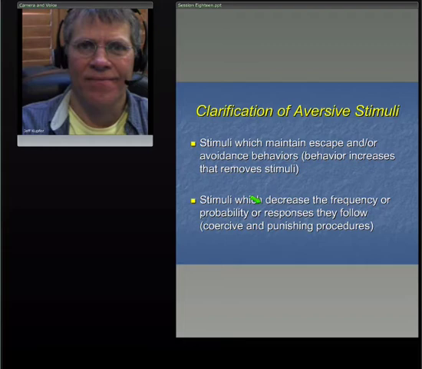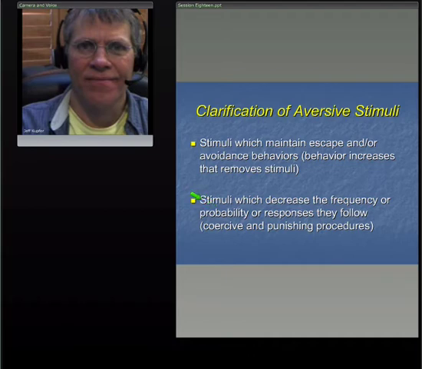Now, we could call these stimuli coercive or punishing types of procedures, but in this situation, a child may be engaged in something like reaching for a cookie jar, and the parent comes along and sees the child up there and punishes the child, maybe gives him a little spanking on his or her fanny, and the behavior of reaching up and finding the cookie jar goes down in frequency, and no longer does the child climb on the stool to get to the cookie jar. We have seen here that punishment has taken place.